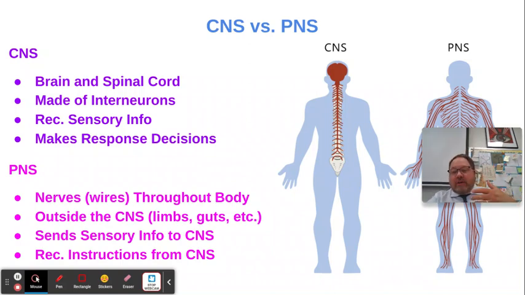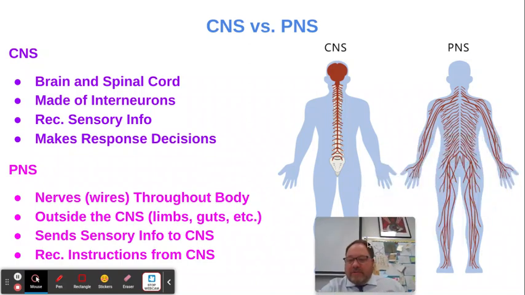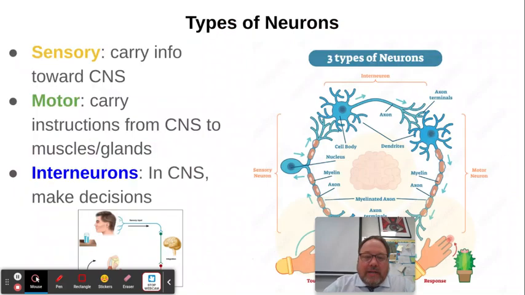And then the wires that run to and fro through the body are in the peripheral nervous system that you see in the outline there. That's taking sensory information to your brain and spinal cord, and it's carrying instructions out from your brain and spinal cord. Neurons bundled together form nerves, and those are the wires that run throughout the body.